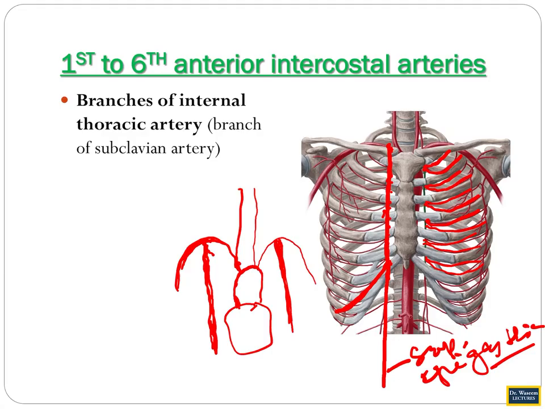So it goes downward here into the thorax obviously. And during its course, it is crossing the 6 intercostal spaces. So, in 6 intercostal spaces, it's giving 6 pairs of anterior intercostal arteries, which have already been shown here. First pair, the second pair, the third pair, the fourth, the fifth, the sixth. You see here 1, 2, 3, 4, 5 and 6 pairs are there until it will bifurcate into 2.